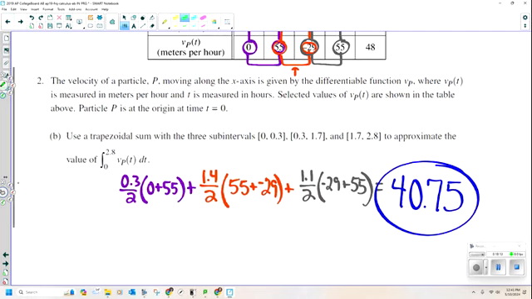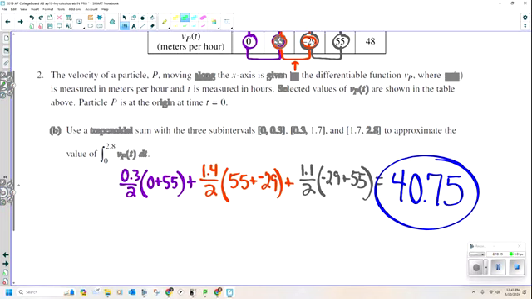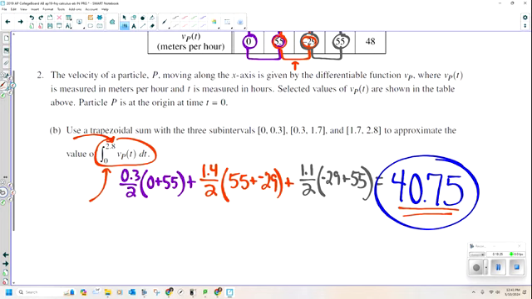Part B tells me the displacement from time 0 to time 2.8, and that happened to be 40.75. Particle P was at the origin, so x equals 0 at time equals 0.